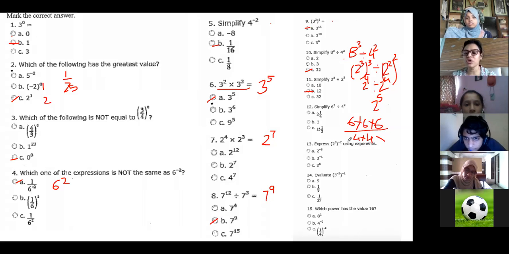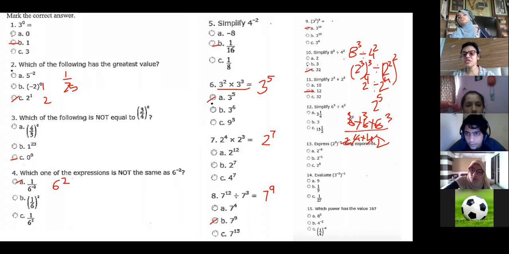So now you can cancel over here. 2 2s are 4, 2 3s are 6. So 2 3s are 6, 36 upon 16. 2 2s are 4 and 2 3s are 6. So how much are you getting? 3 3s are 9, 3 9s are 27, 27 upon 2. So this will be the answer.